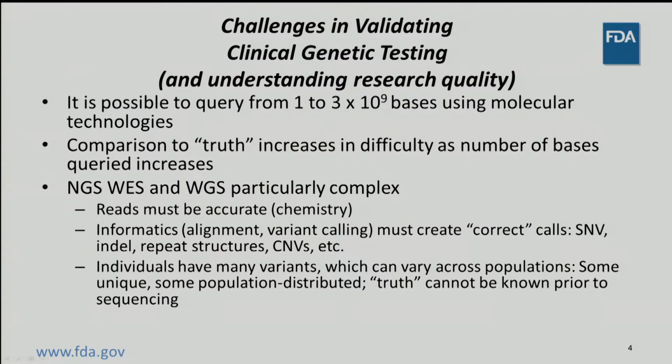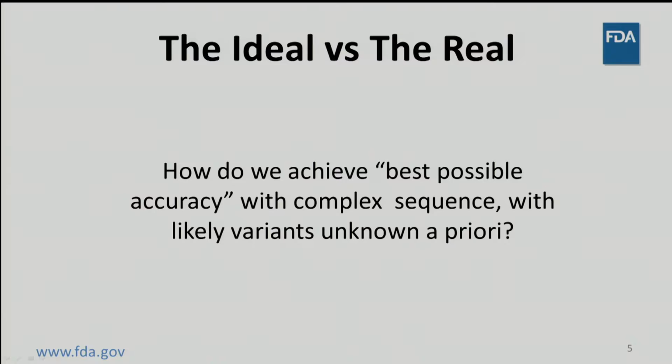So how do we get to the best possible accuracy in determining sequence and variants when we don't know what variants will be found? Ideally, genomes would be simple and uniform, and the NGS system would be perfect at sequencing and detecting variants. To know this, ideally, we would have a reference material for every possible variant that could be detected.